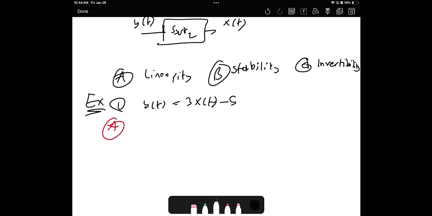In order to check this, according to our procedure, the first step is to replace every x by ax1 plus bx2. So this will yield the equation 3(ax1 plus bx2) minus 5. Okay? I'm going to call it equation 1.